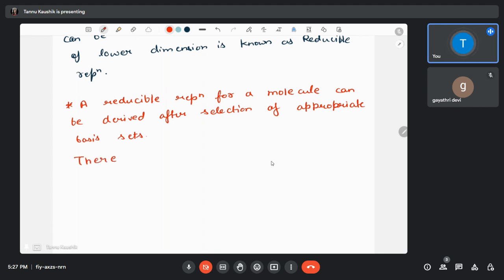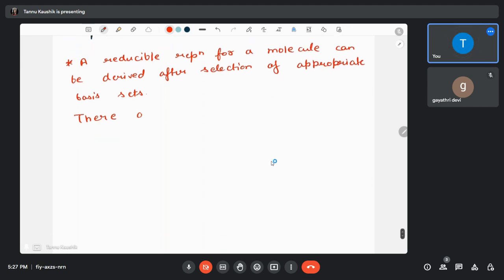So there are five different types of basis sets which are applicable for the derivation of reducible representations.